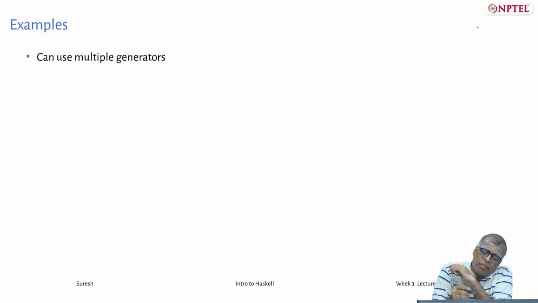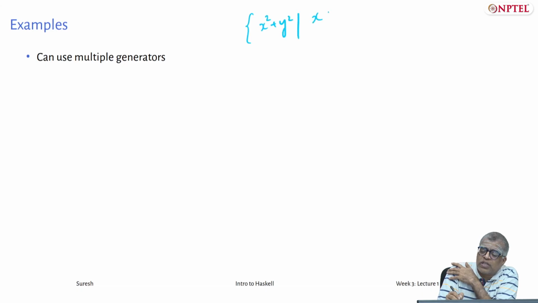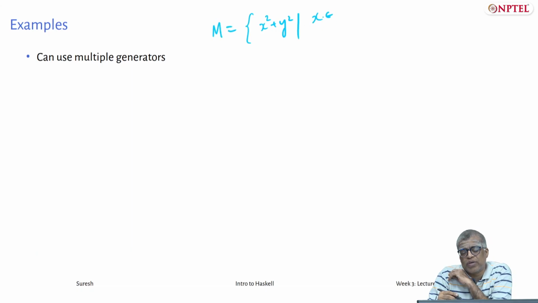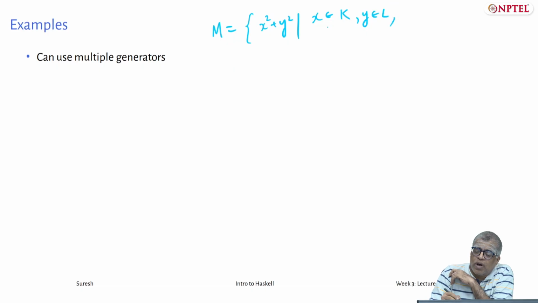In mathematics, you can again write, for instance, x squared plus y squared, such that x comes from K and y comes from L, and maybe some other condition holds, like the GCD of x and y is 1, let us say.